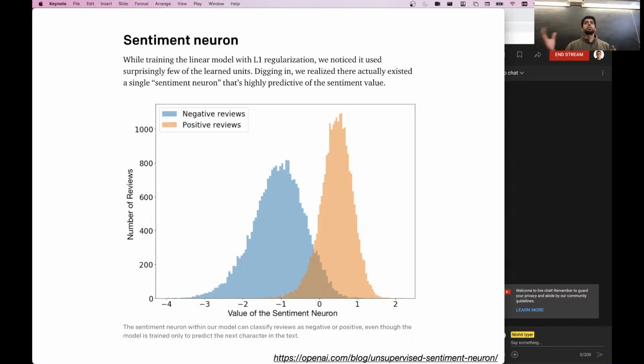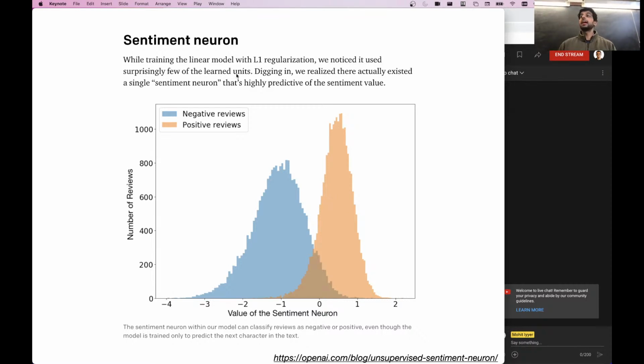Then they tried different types of this classifier, and one thing they did was put an L1 regularization penalty over the classifier. This encourages the classifier to use as few features as possible. And they found that its performance was quite consistent, even though it was using surprisingly few of the learned units, which is a quote from their article.